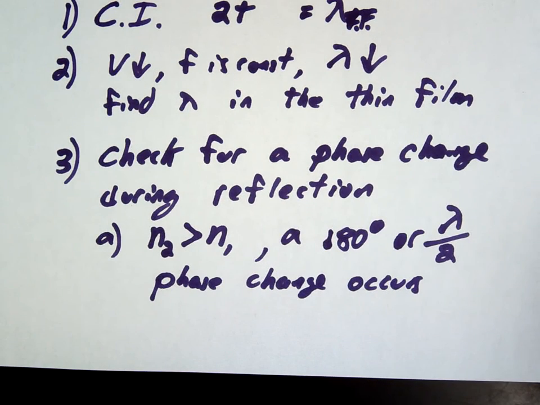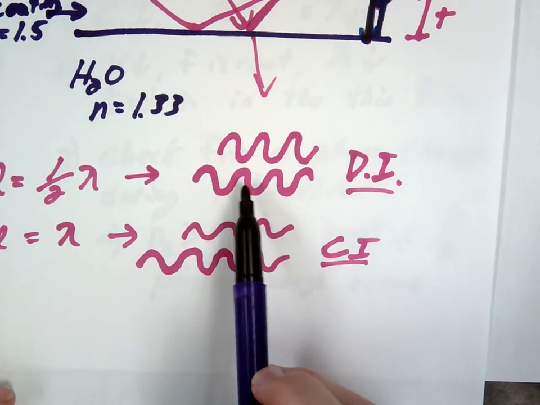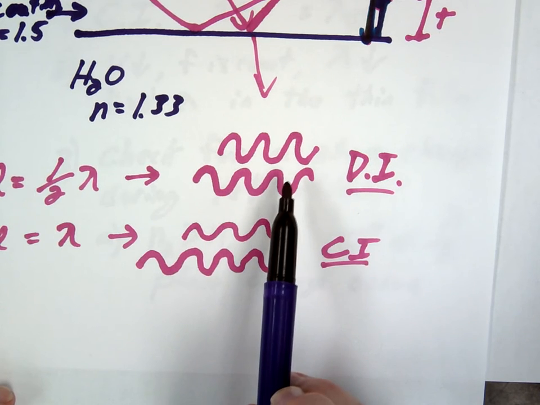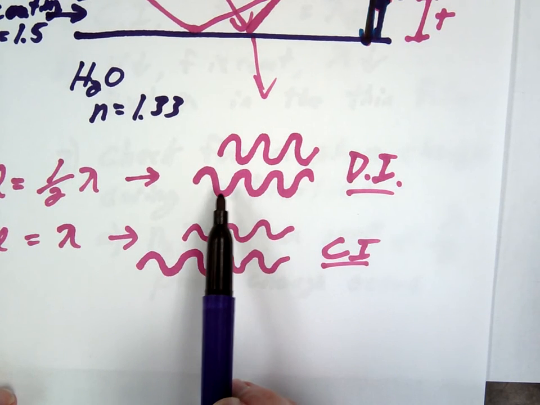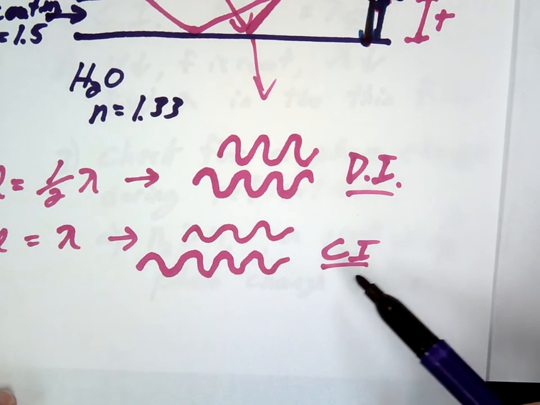Say that louder, Greg. Okay, exactly. So, if we go back to this other picture, in this case it would be destructive interference, but if this one got flipped upside down, then all of a sudden now it would be constructive interference.